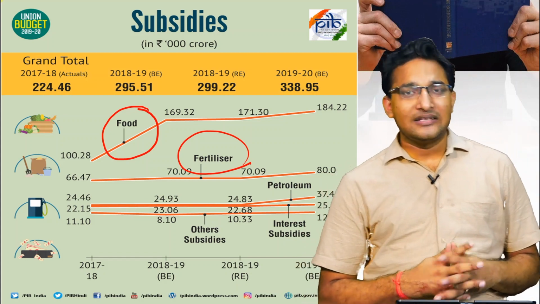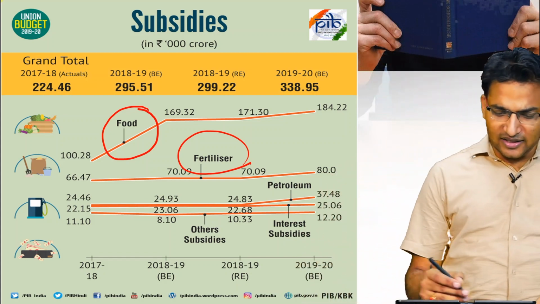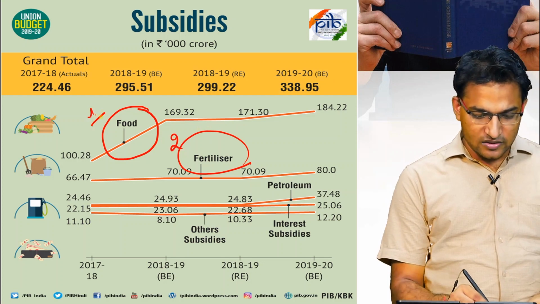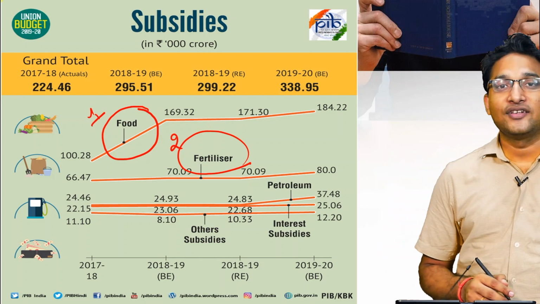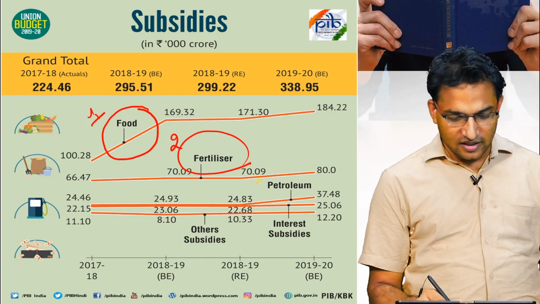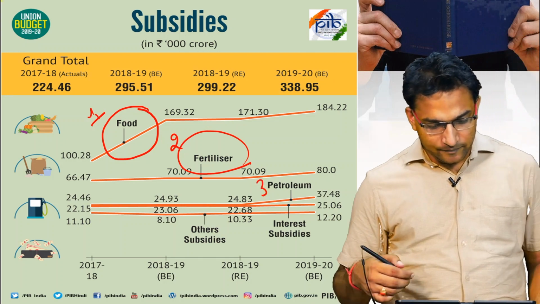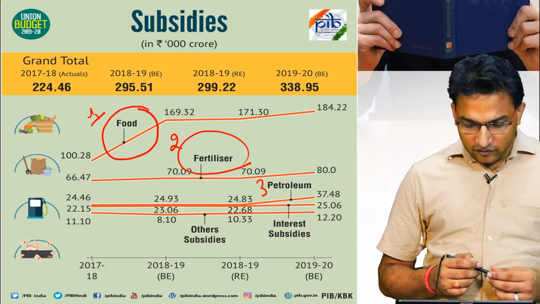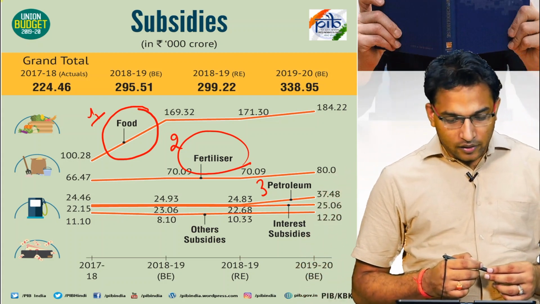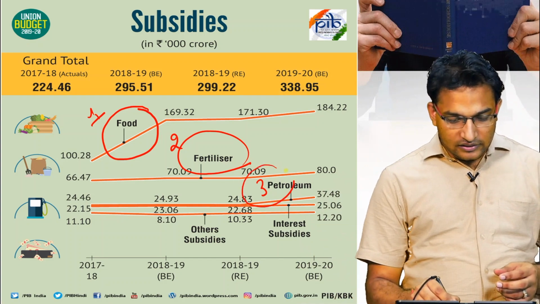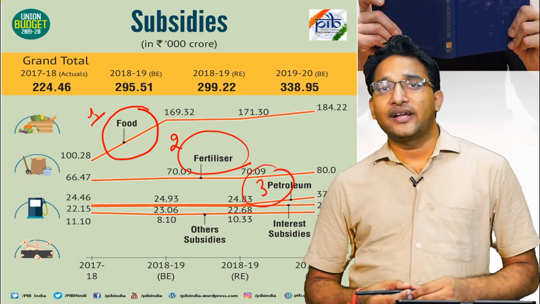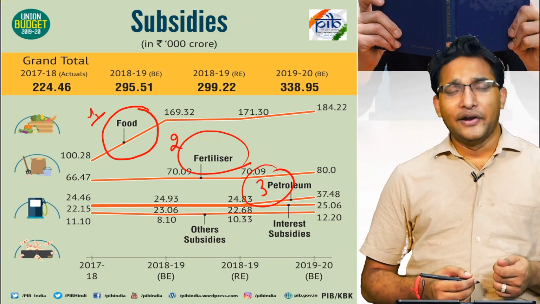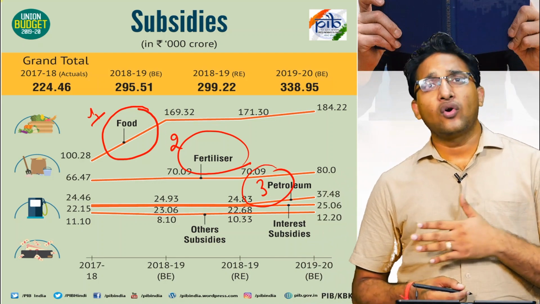So the point I want to make is that the highest amount is expended on the food, the second highest amount is expended on the fertilizer, and the third one is the petroleum. So this is the order, and in the examination they can ask the order of subsidy and the different heads in ascending order or in descending order.